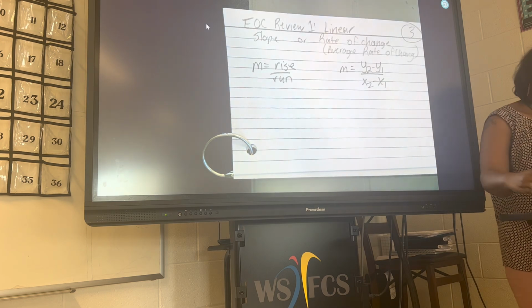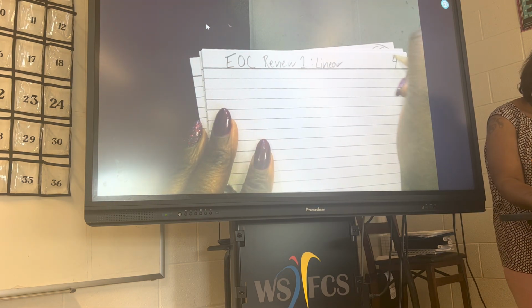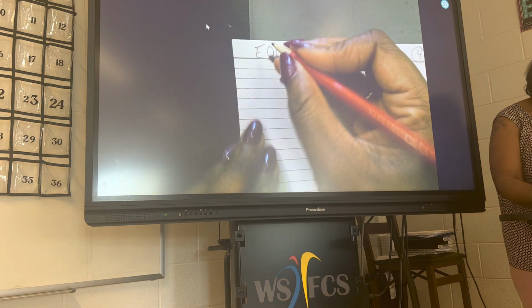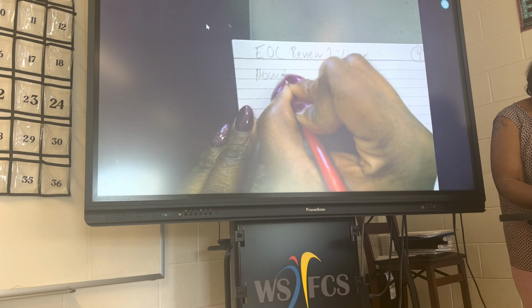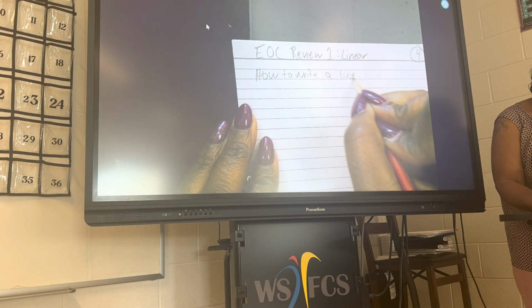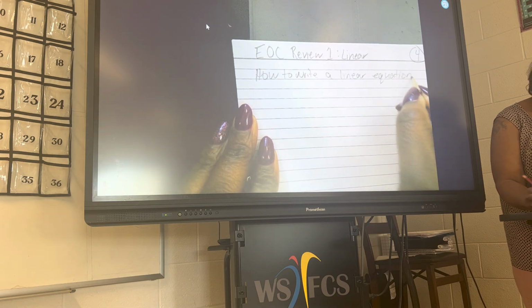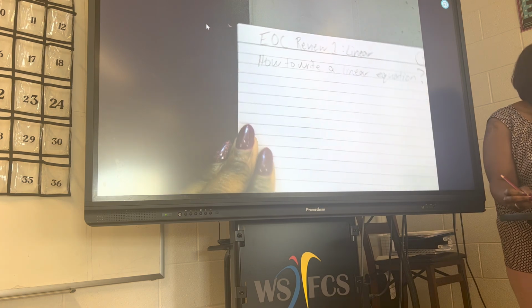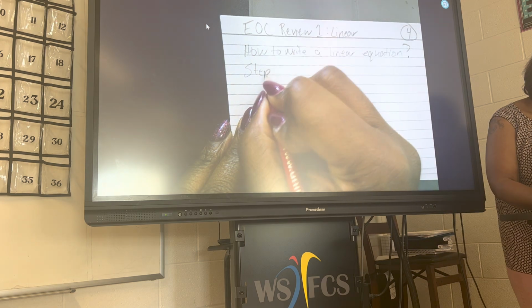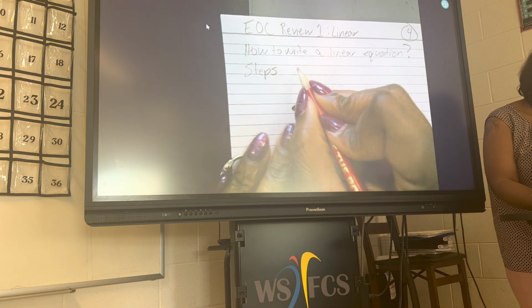Card number 4. Okay, so now we're writing linear equations. How to write a linear equation. These are the steps. There are 3 steps.